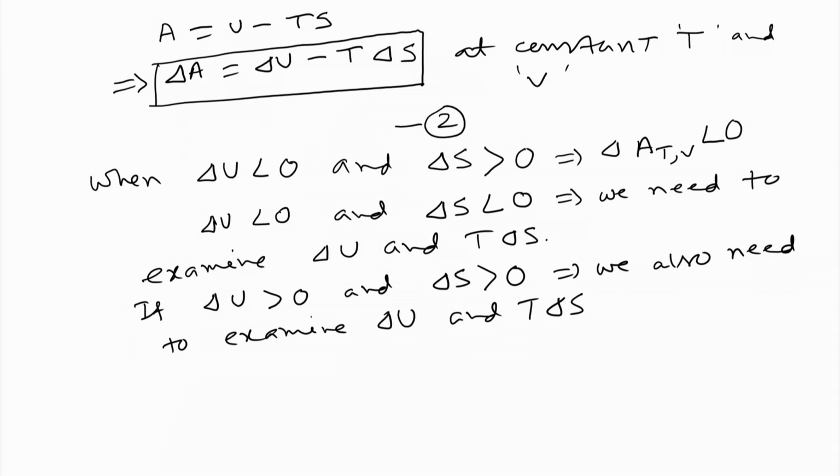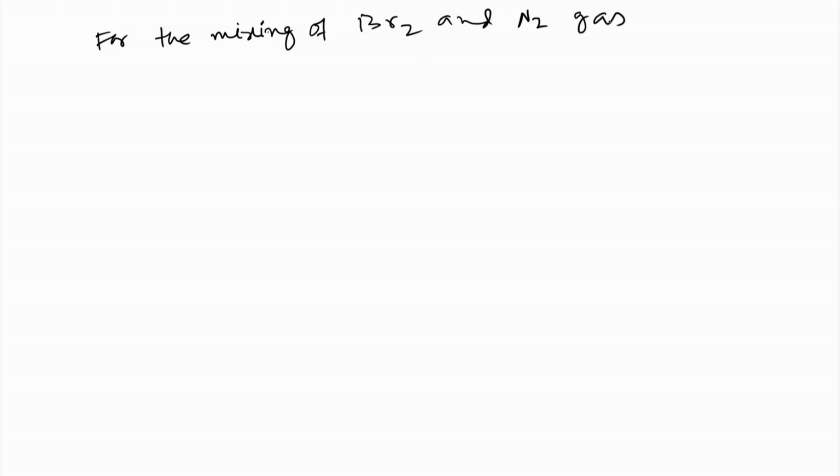Now, if we think about the entropy of mixing, the experiment we carried out for the mixing of bromine and nitrogen gas that we discussed just now, we know delta S mixing is minus N R sum over i x_i ln x_i, right?